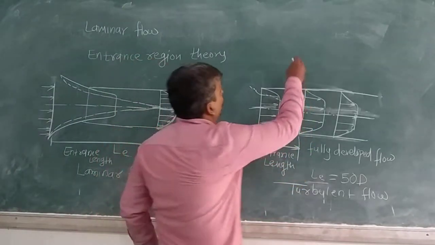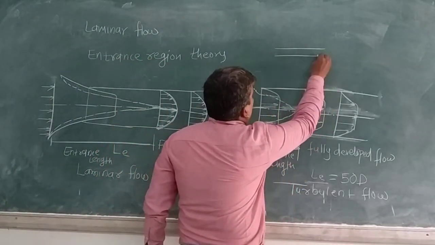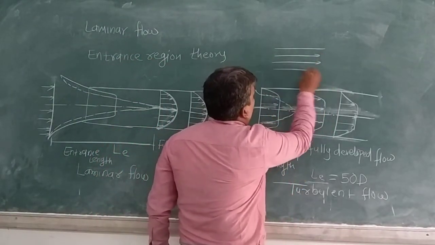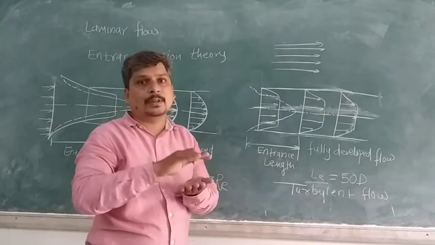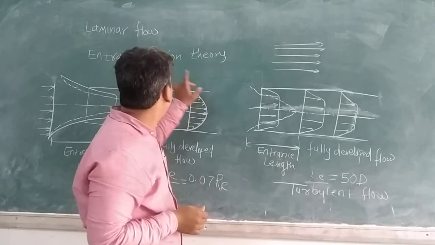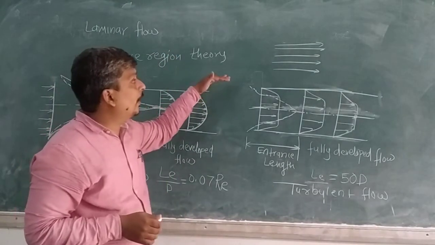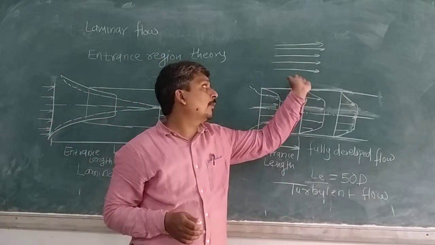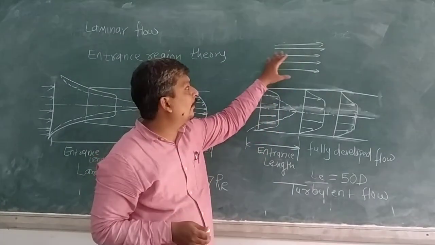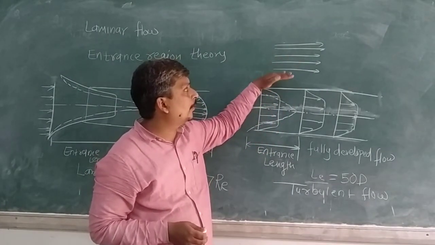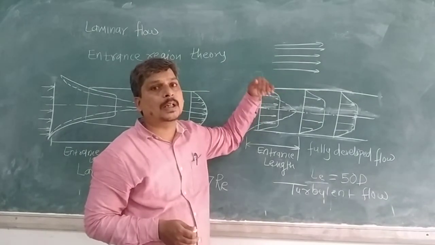In laminar flow, we assume the fluid layers are parallel to each other, or the fluid forms a sheet. That sheet is called a lamina. So laminas are flowing one over the other. It is a well defined flow, one layer of the fluid moving over another layer.